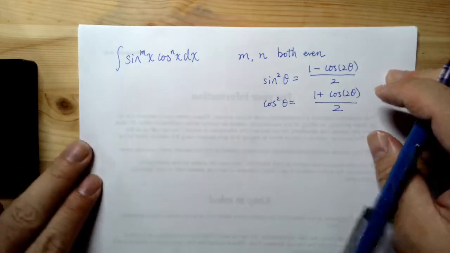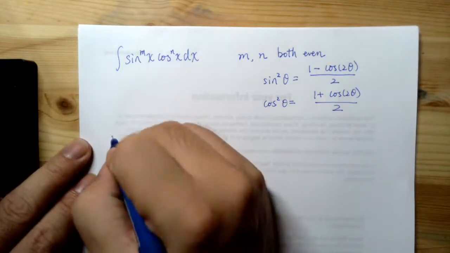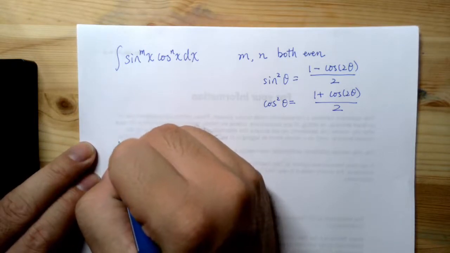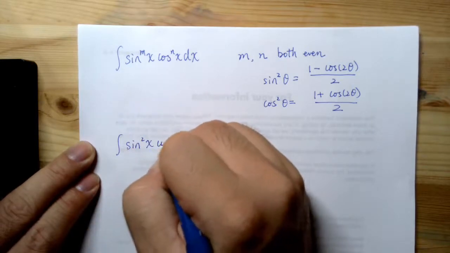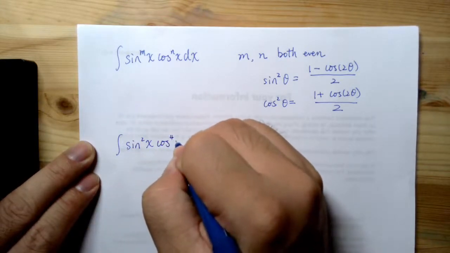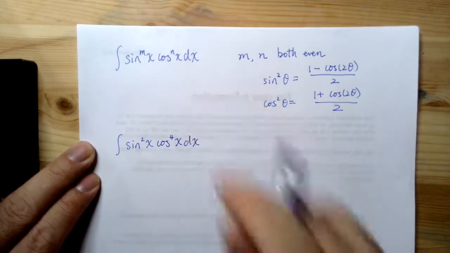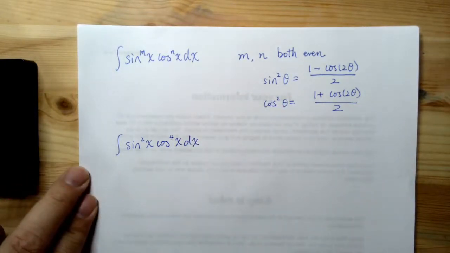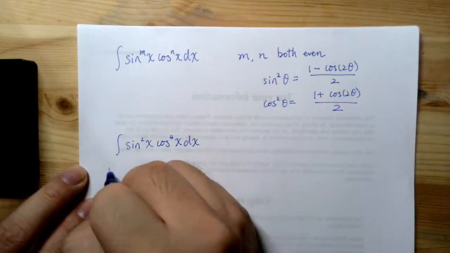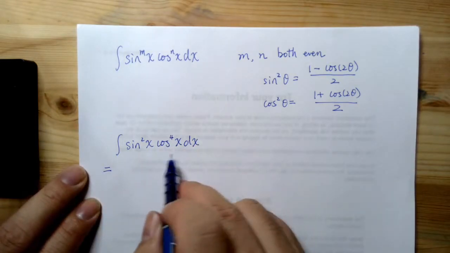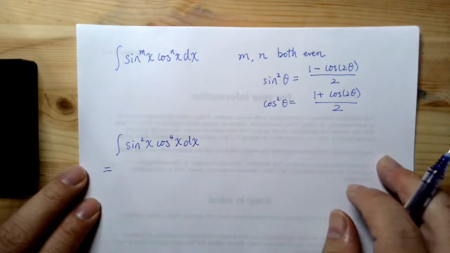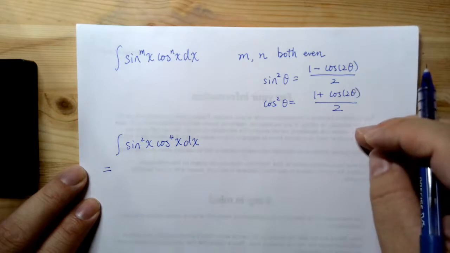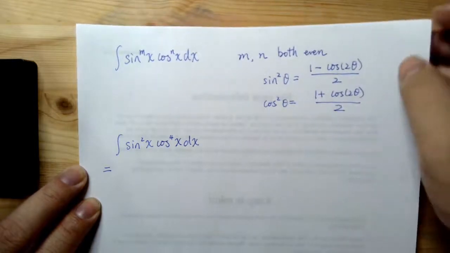So let's start with an example with m and n given: the integral of sine squared x times cosine to the power 4 of x dx. Like we said, both m and n are even, so we're going to use those two trig identities to make some substitution.